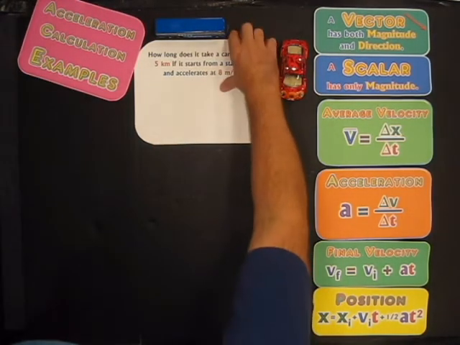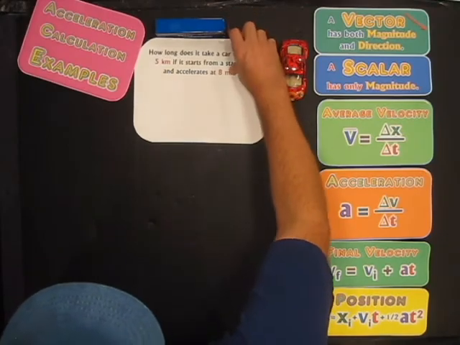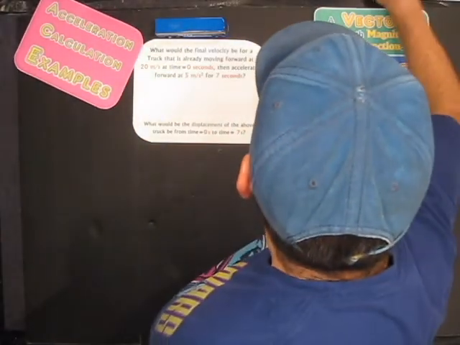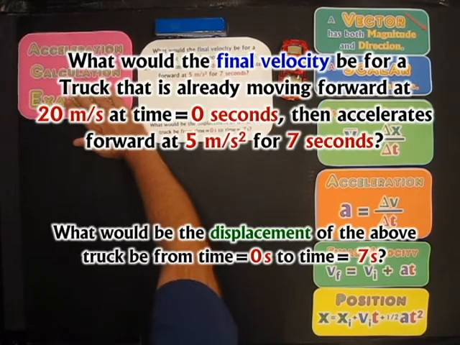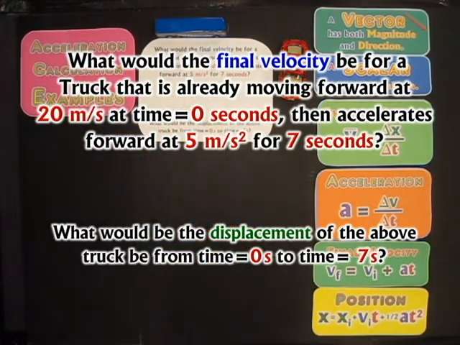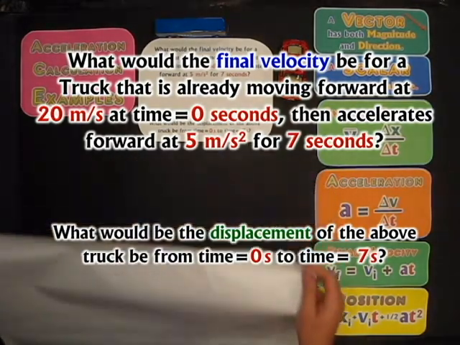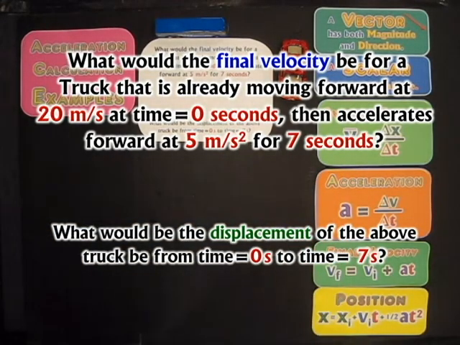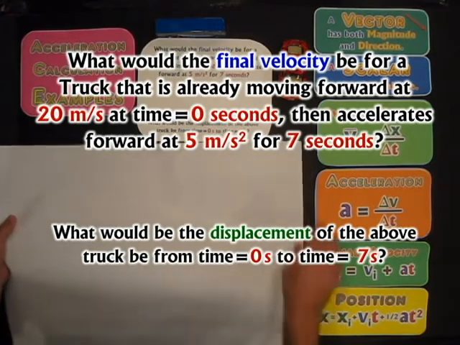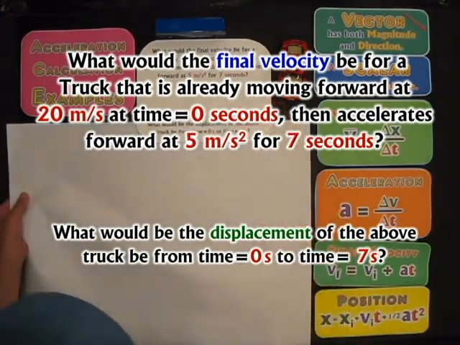The next and final question, I believe, that I'm doing right now is, what would the final velocity be for a truck that is already moving forward? Oh, this is a two-part question. I forgot that I have this two-part one here. It's our last question.